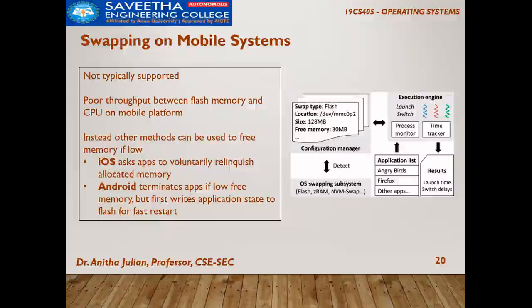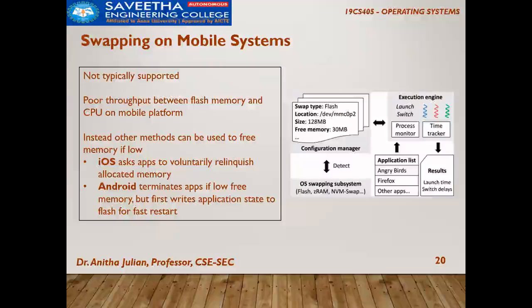You can see in the diagram, all your application list is shown. It shows that there is some problem, memory has to be freed. So the process monitor and time tracker will launch the switch, because all these applications are occupying more space. The process monitor has detected that memory is low, so it is launching the switch. It will find out what it has to do.